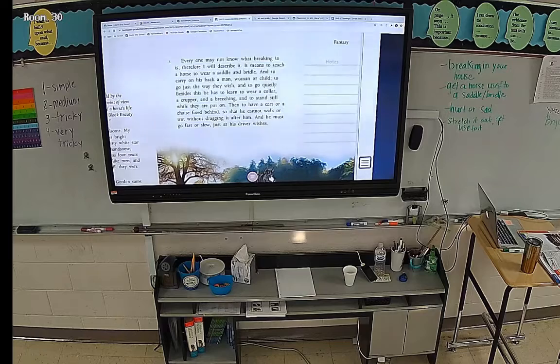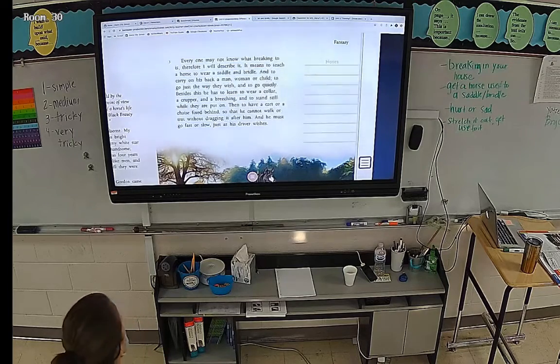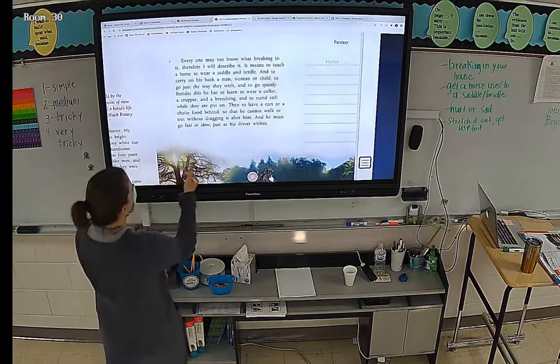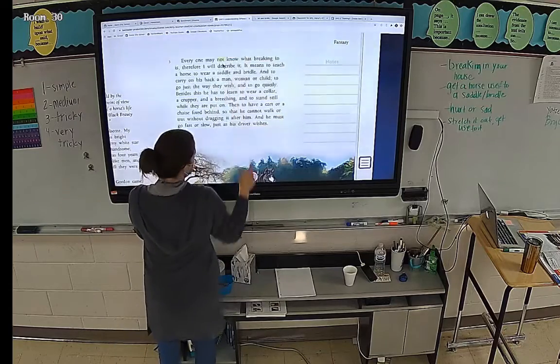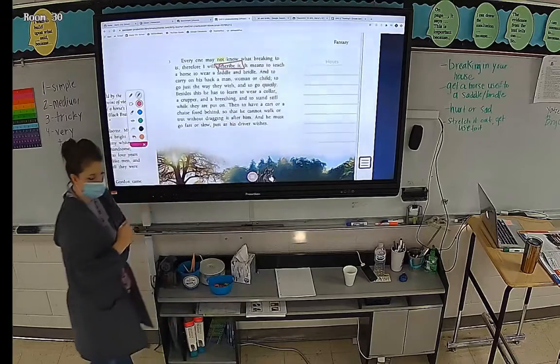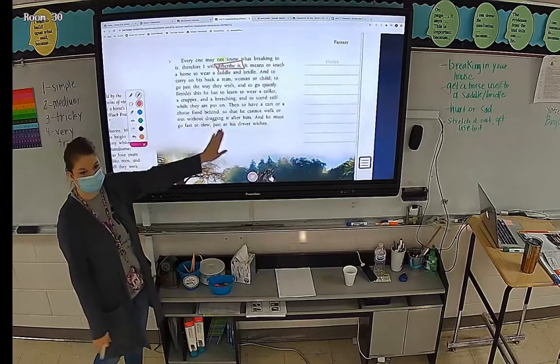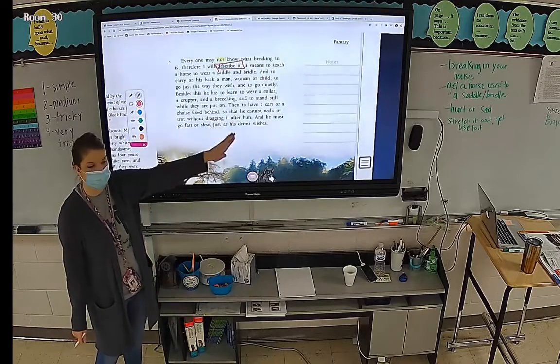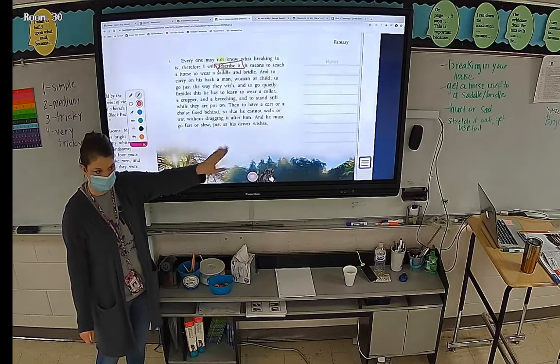So in this paragraph, the very first sentence says, everyone may not know what breaking in is. Therefore, I will describe it. So one, he is telling us the meaning of that word, breaking in. So here he's going to tell us exactly what it is, and we're going to be able to see who had the right prediction.